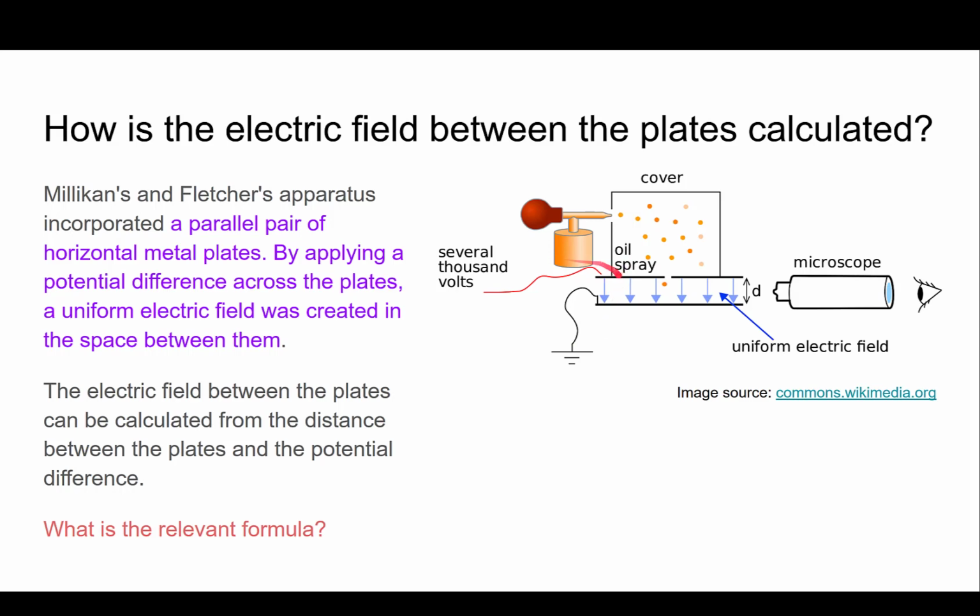By applying a potential difference between the plates, we can generate an electric field between them. You can calculate the strength of the electric field if you know the distance between the plates. A quick question for you is, what's the relevant formula for calculating the strength of the electric field between those two plates? It is on your data sheet.